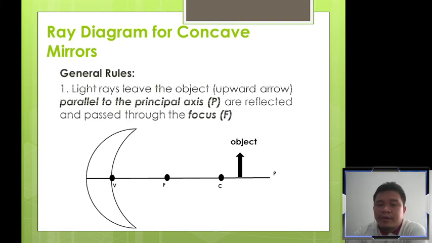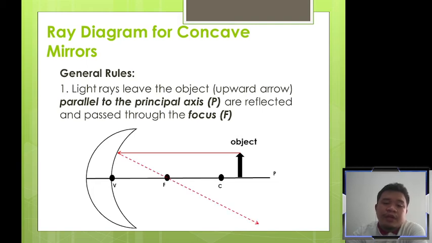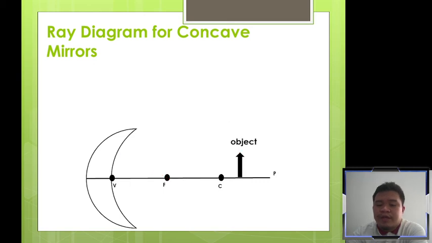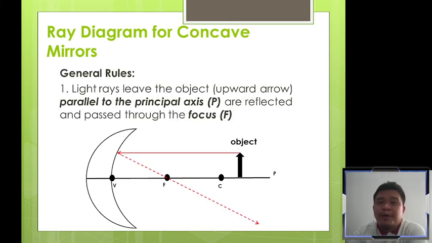Number one, light rays that leave the object, which is the upward arrow here, parallel to the principal axis are reflected and pass through the focus, or our F. So how do we apply that? First, draw that parallel ray from the tip of your object, which is our upward arrow here. Then once it strikes the mirror, according to the rule, it is reflected passing through the focus, or F. So this is now our rule number 1.